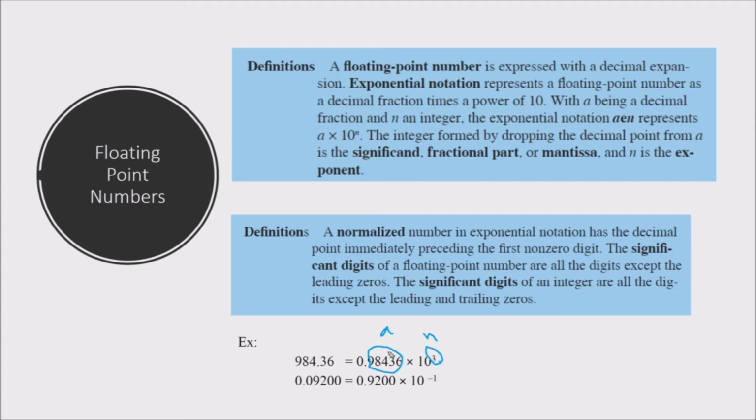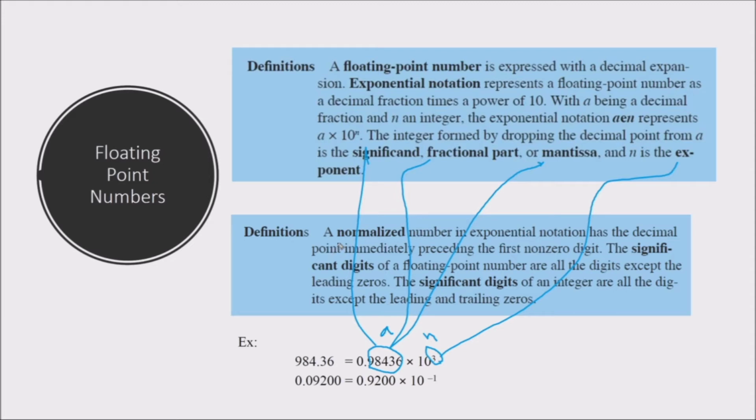So that means this one has 3 names. Either you call it significand, fractional part, or mantissa, right? So that is what it is. And this one right here is called the exponent, actually. Exponent, yes. So that's what you call that.